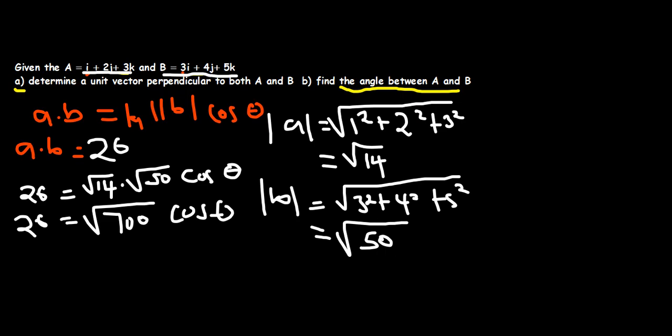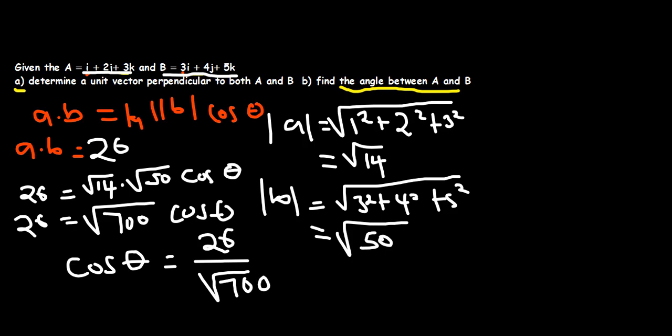So for us to find the theta there, we're going to say cos theta is equal to 26 divided by the root of 700. So this one here is going to be our answer, and then we can make theta the subject of the formula.